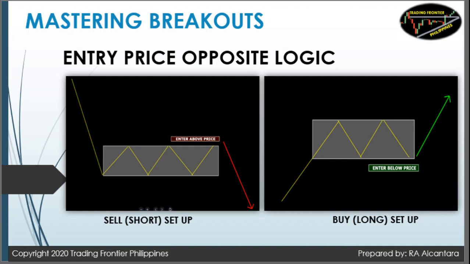So, balik tayo dito ngayon sa ating entry price opposite logic or opposite logic entry trick na aking tinatawag. So, again, for a sell or short setup, kailangan daw, bababa muna yung price, magko-consolidate, and then what do we expect? We expect that the market, or the price will continue to move down. But, paano nga ba yung entry nito?